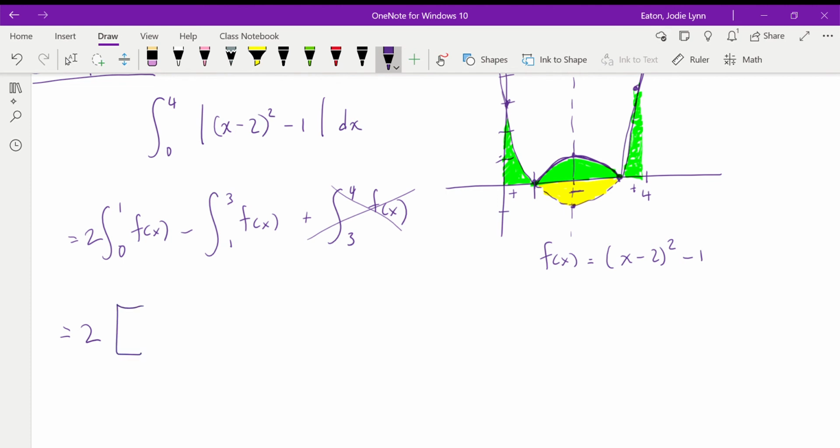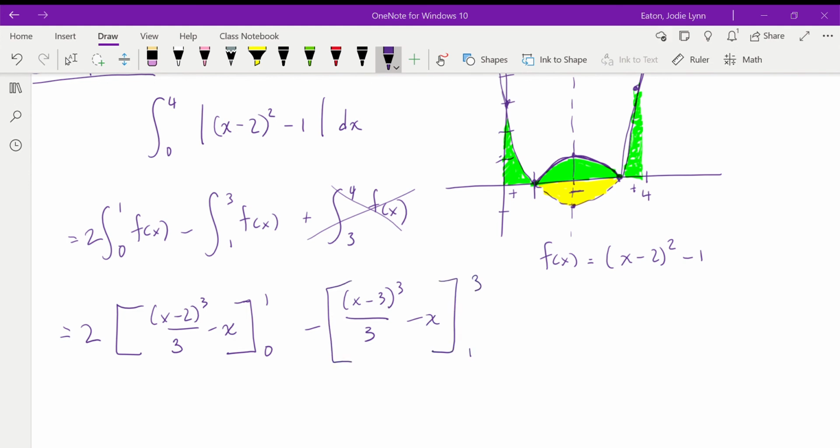Luckily, the inner derivative of x minus 2 is just 1. So this is (x minus 2) cubed over 3 minus x, evaluated from 0 to 1, minus (x minus 3) cubed over 3 minus x, evaluated from 1 to 3.